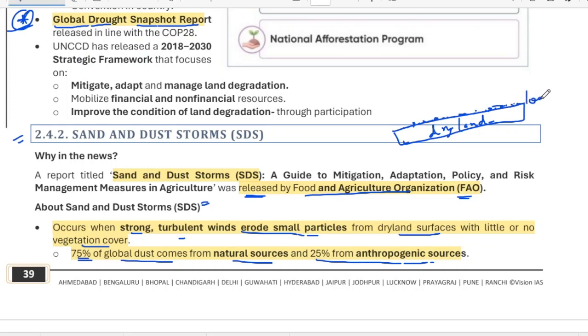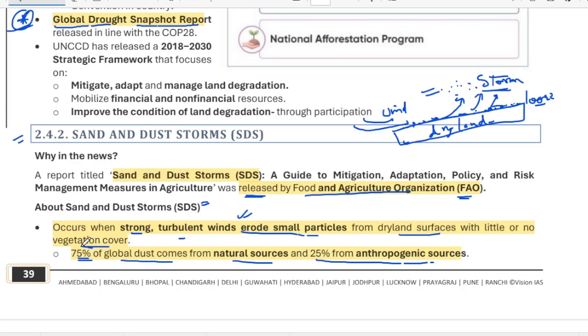Now when the wind blows, these particles come out into the wind and take the form of a storm. So this is called a sand and dust storm. I hope you have understood the concept now.